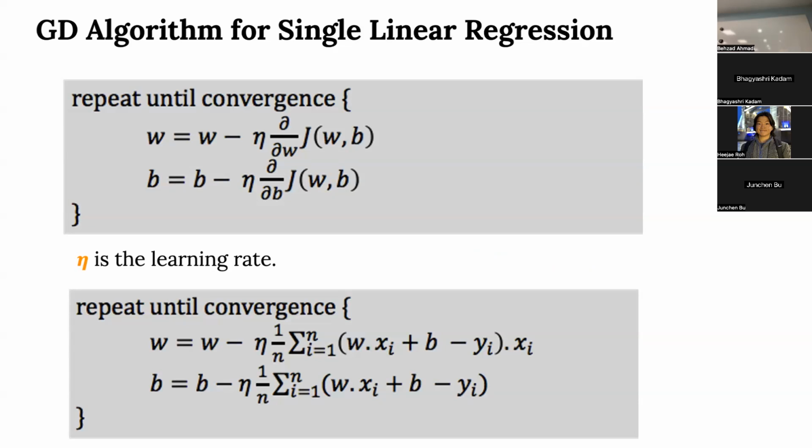If you don't know why this is like this and this is like that, then you need to take a course on derivatives. But this is how you numerically get to the optimal point. And there you see there is this learning rate eta here that can play some role.